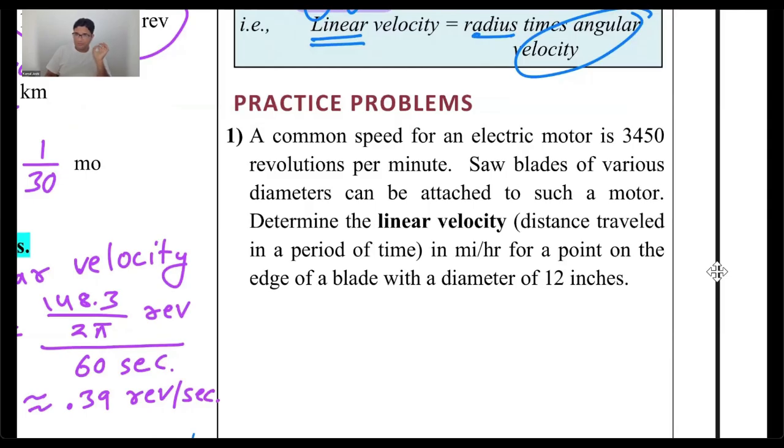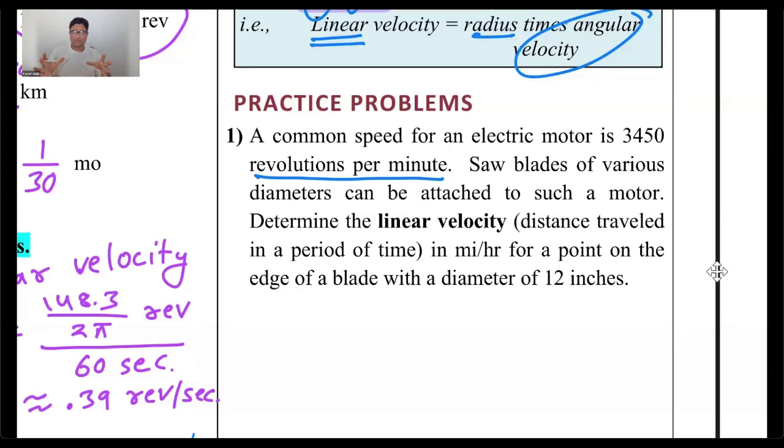A common speed for an electric motor is 3450 revolutions per minute. Maybe when you buy a motor, it will have specifications, right? The angular speed is that. Saw blades of various diameters can be attached to such a motor.